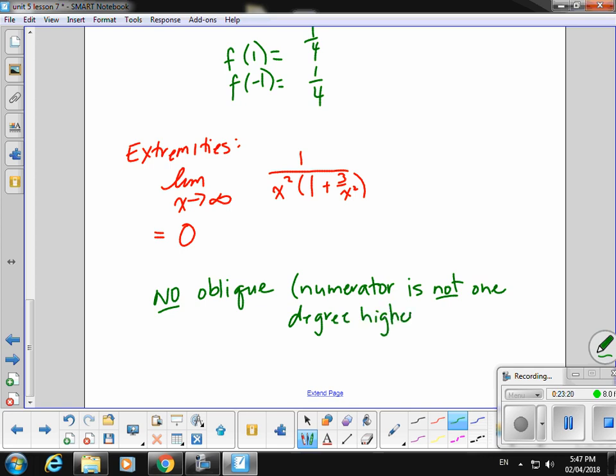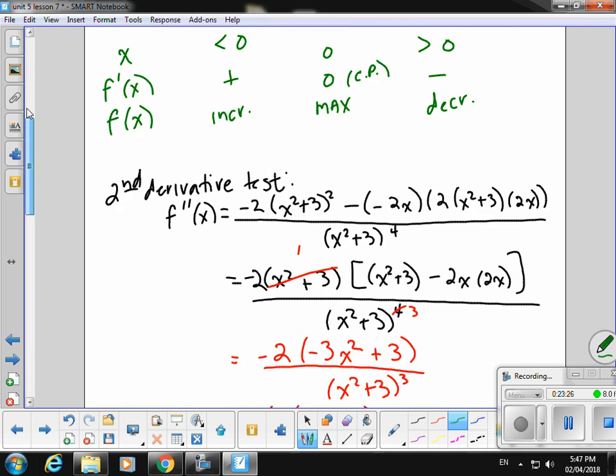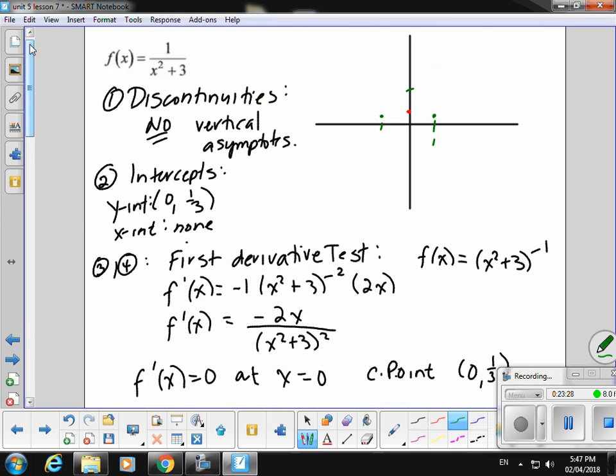So we have our critical point, which is our maximum at 0, 1/3. We have points of inflection, as opposed to points of intersection. Inflection, we better put that up there. Point of inflection.